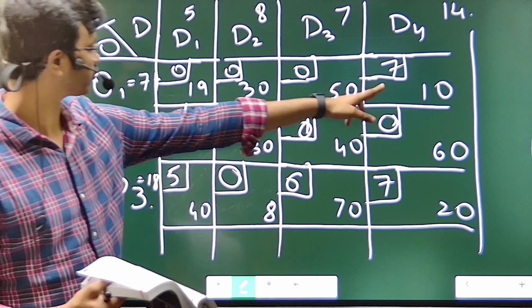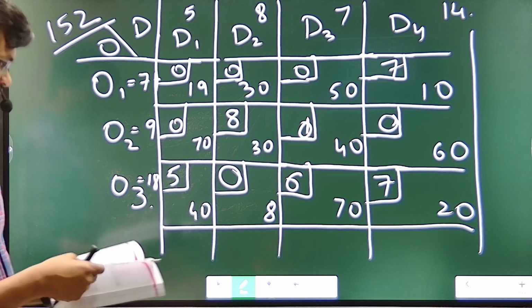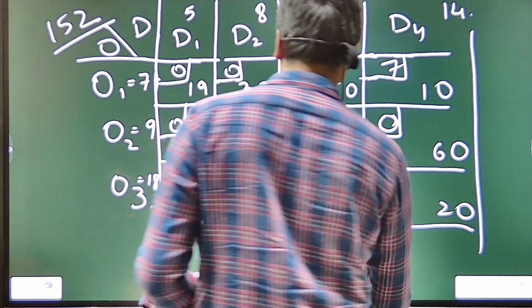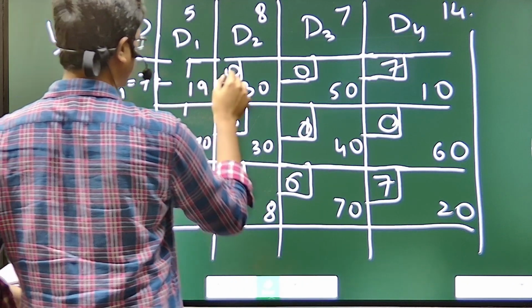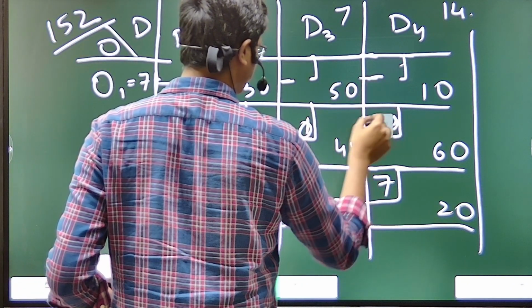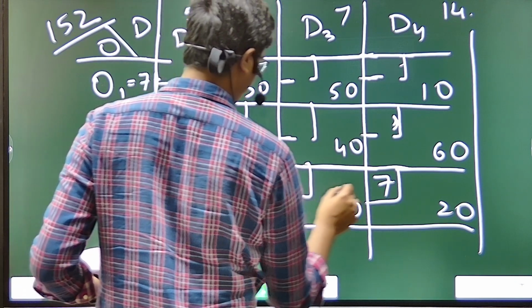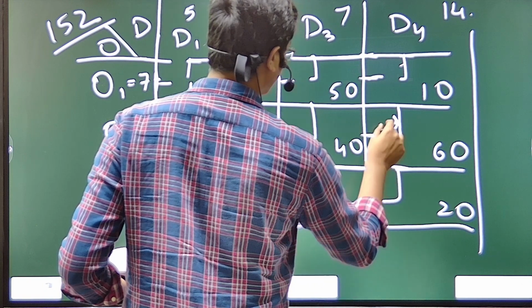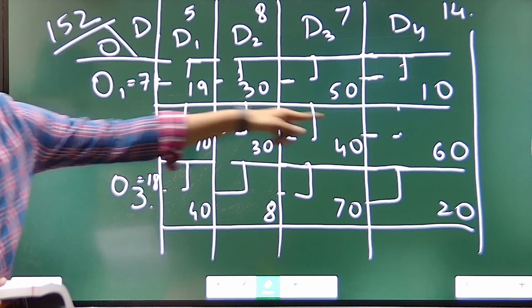So it will be 10 into 7 plus 8 into 30 and that way. Okay? This is minimum row method. Now you might have already understood, you can guess what is minimum column method, right? First one was northwest corner. This is row. This is row.